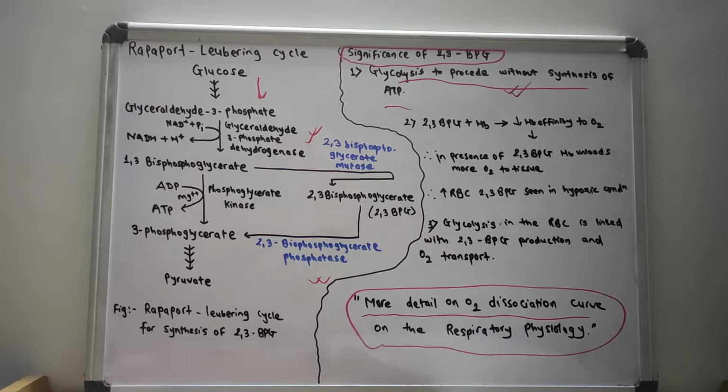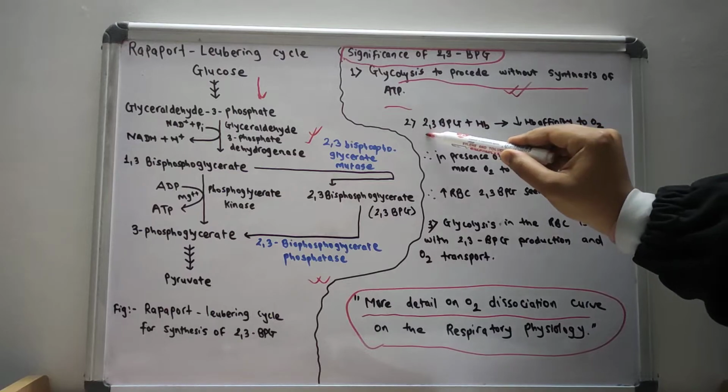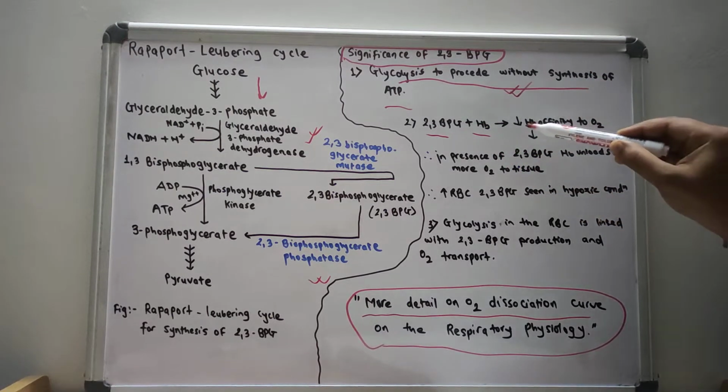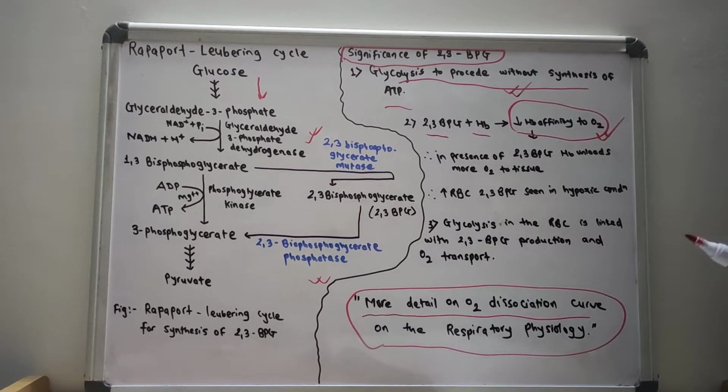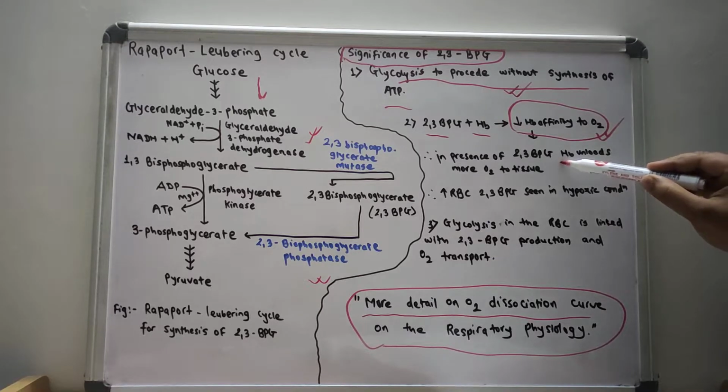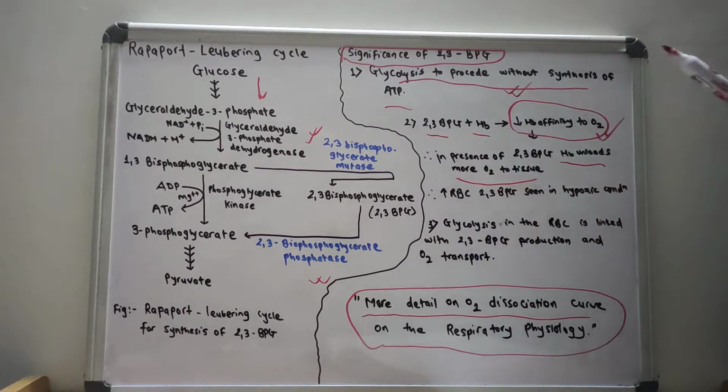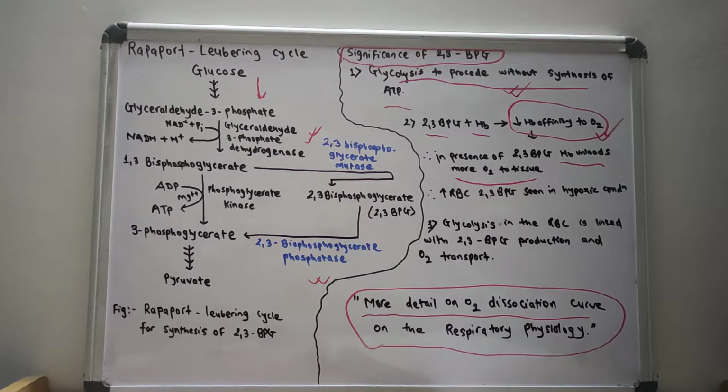But you have to know that the 2,3 bisphosphoglycerate is not a waste molecule in the RBC. The 2,3 bisphosphoglycerate combines with the hemoglobin and decreases the affinity of oxygen to the hemoglobin. That's why in the presence of 2,3 bisphosphoglycerate, the hemoglobin unloads more oxygen to the tissue. There is more unloading of the oxygen from the hemoglobin to the tissue.